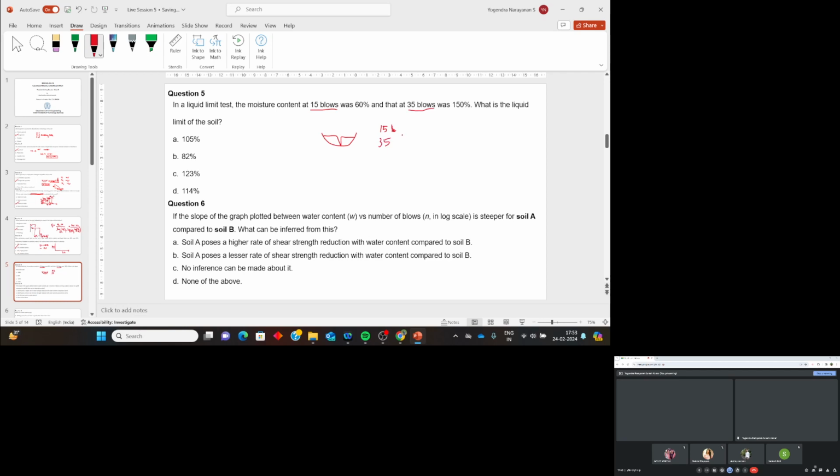So which should have the higher water content? 15 blows should have the higher water content, and 35 should have the lower water content. Now you interchange the values and solve the question.